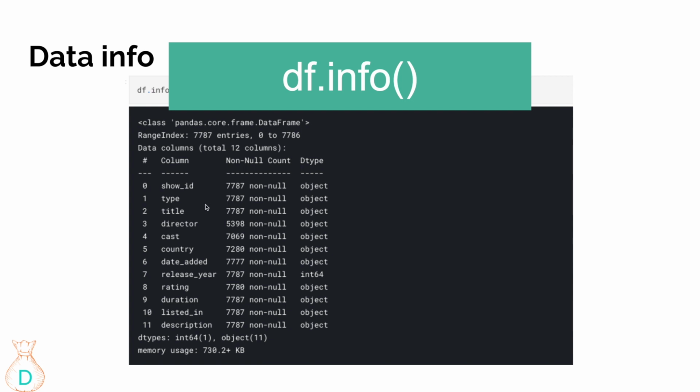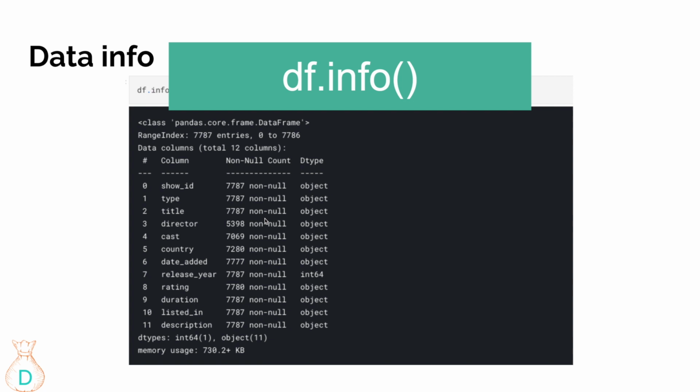It shows all the columns and the number of rows that have non-null values. For example, this 7,787 would be the number of rows in your data set, because you can see that many of these columns have the same count. That is probably the number of rows you're going to have.